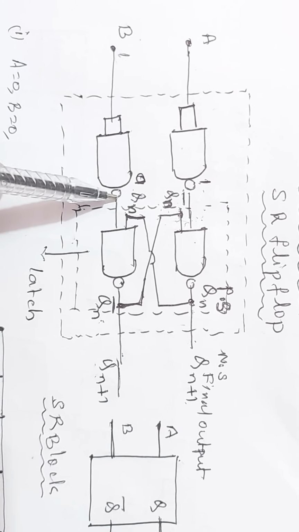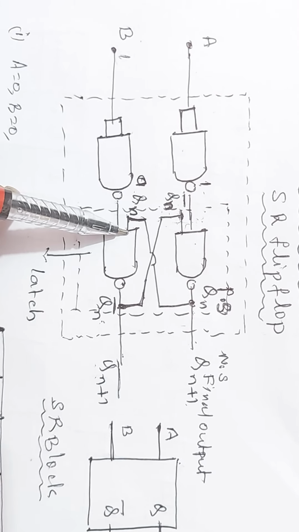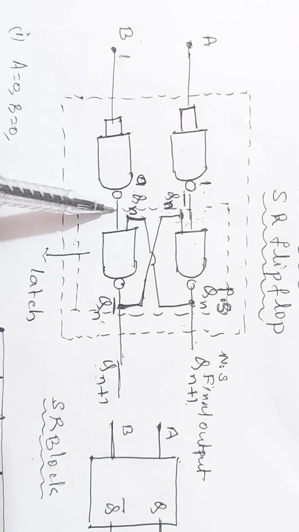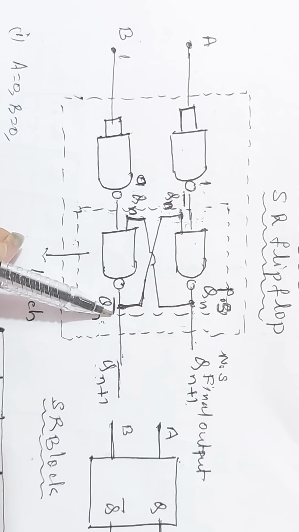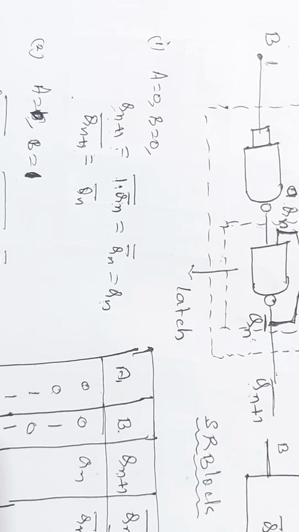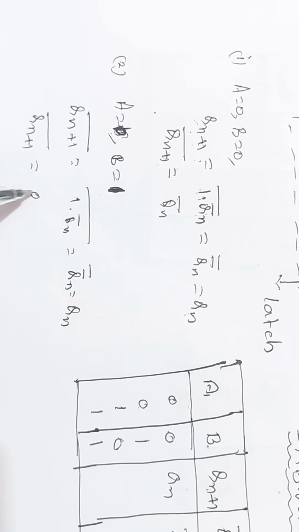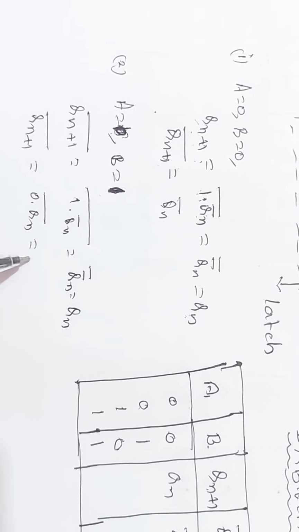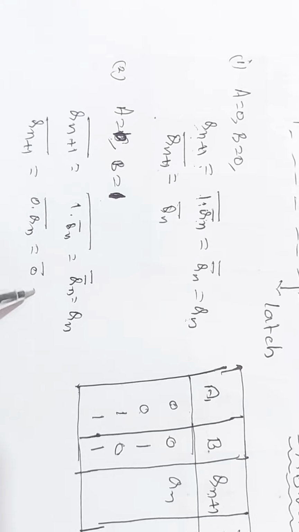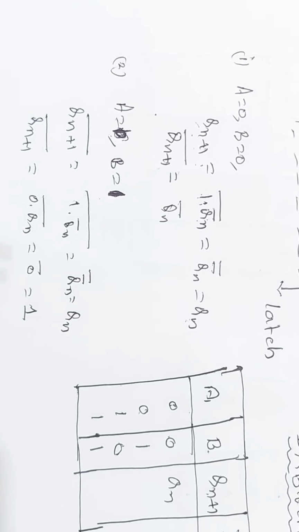One of the inputs is 0 and one of the inputs is Qn. 0 into Qn is 0. Therefore, the complement of that is 1. Qn bar goes to 1. Therefore, Qn plus 1 bar is given by 0 into Qn, complemented, which is 0 into anything is 0, complement. 0 complement is 1. You see, Qn plus 1 bar is 1.